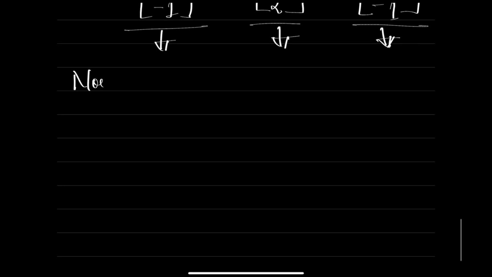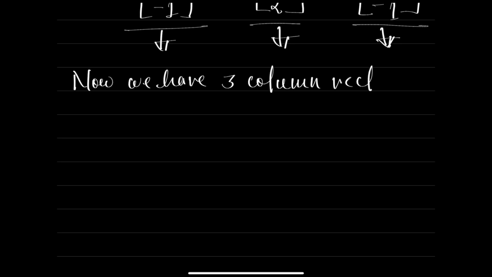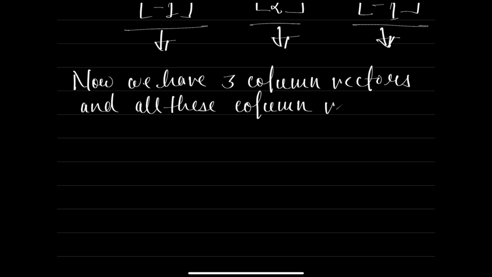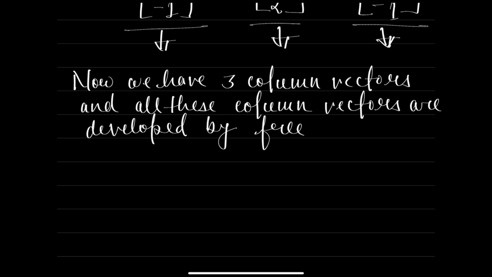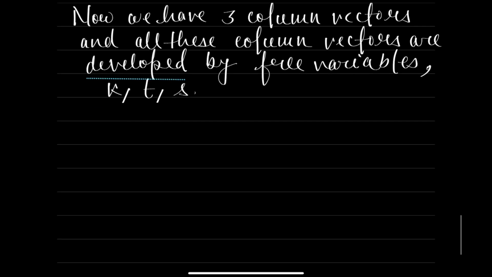Now we have 3 column vectors, and all these column vectors are developed by the free variables k, t, and s.